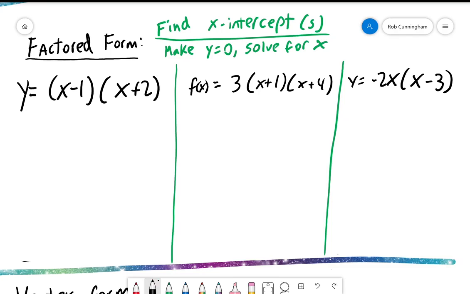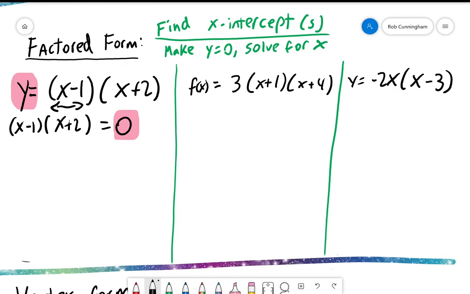So in this case, I get x minus 1 times x plus 2 equals 0. I have taken y and I have substituted in 0. I've also, if you may have noticed, switched sides. I just prefer to have my x's on the left, but it really doesn't matter. You can have them in whichever order you want.